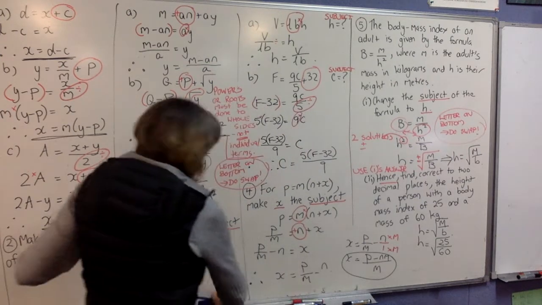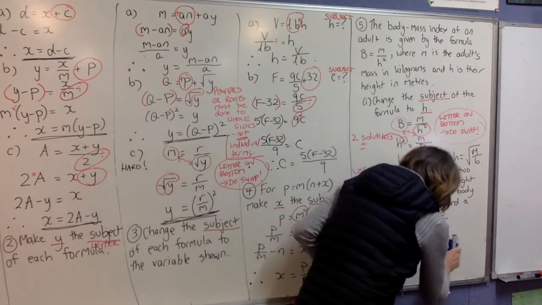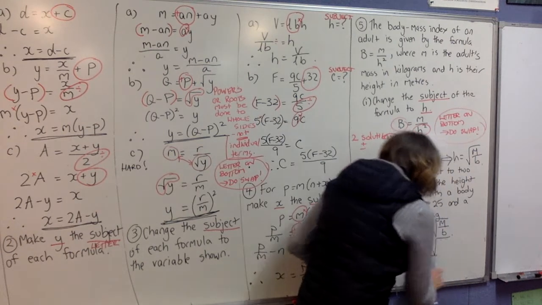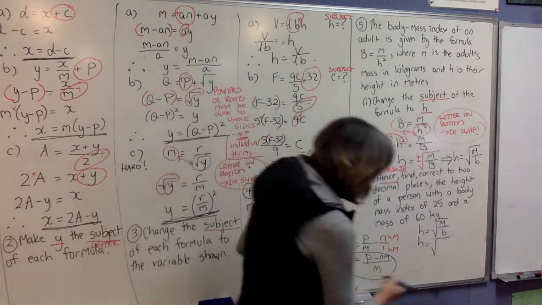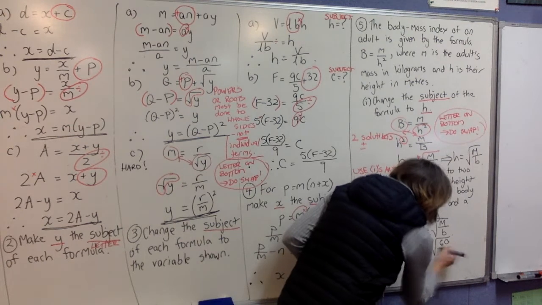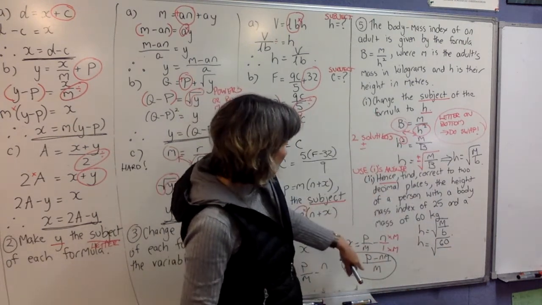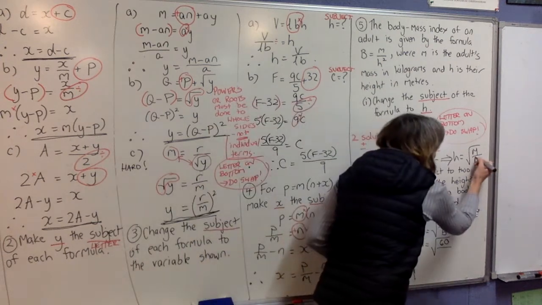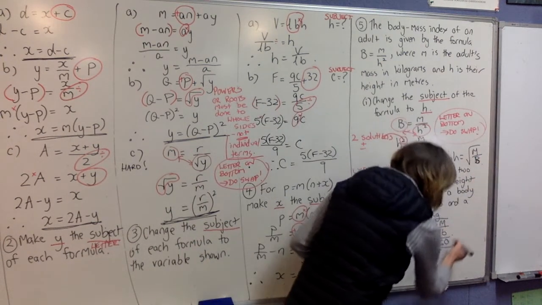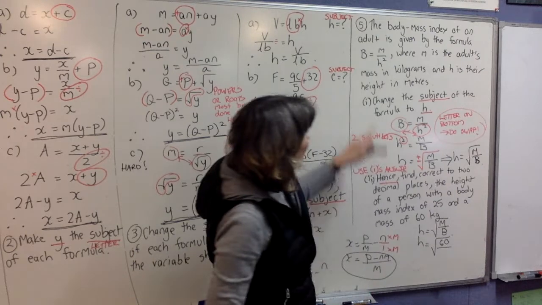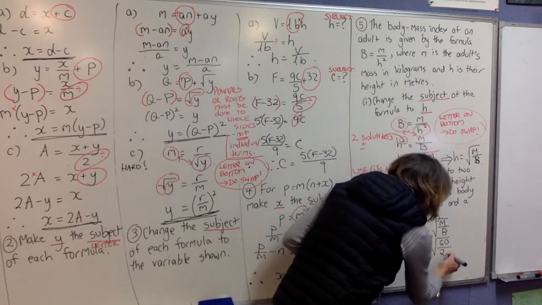No, I've got it the wrong way, haven't I? The m is the mass. So that's the 60, and it was in the right units of kilograms. The body mass index is given by the letter B. I don't know why I've changed that to a little b. It should be a capital B. Make sure you've got a capital. Capital B is 25.